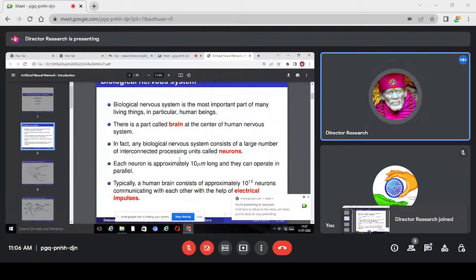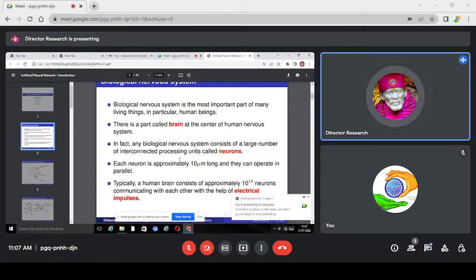Biological nervous system is the most important part of living things, in particular human beings. That's the first point. The second point is there is a part called brain at the center of the human nervous system. The third point, in fact, any biological nervous system consists of a large number of interconnected processing units called neurons.